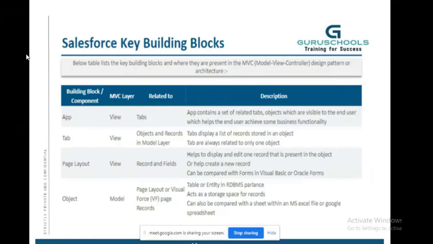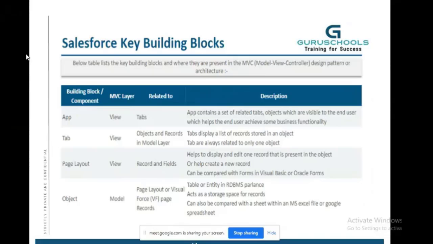An app contains a set of related tabs and objects which are visible to end users, which helps the end user achieve some business functionality. For example, I have shown you the chemical equipment and processing application. In that, only the custom tabs I have created will show. My application is chemical processing and equipment.